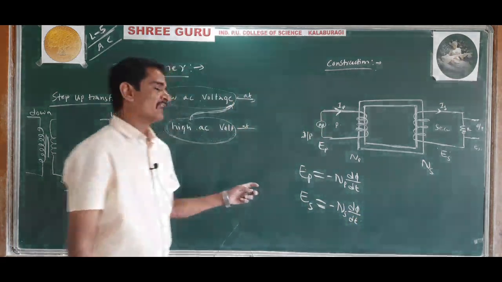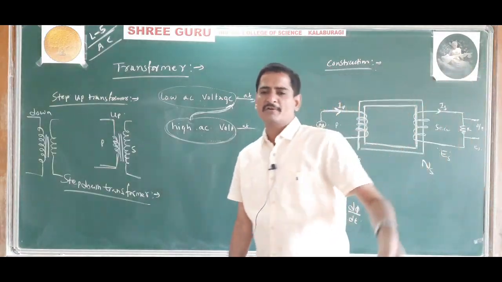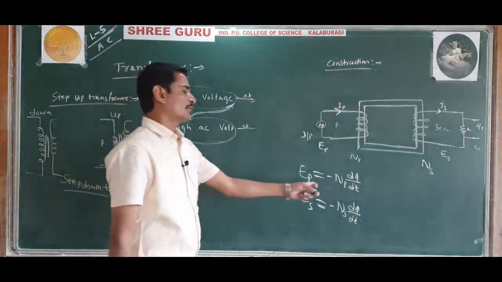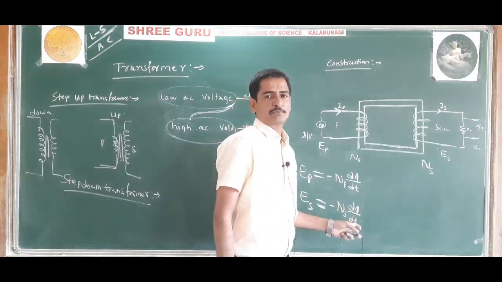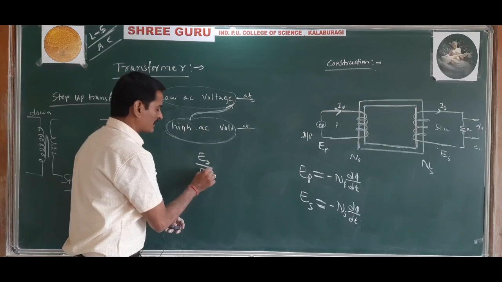So the induced or output EMF is directly proportional to the number of turns. Now divide these two equations, ES divided by EP.